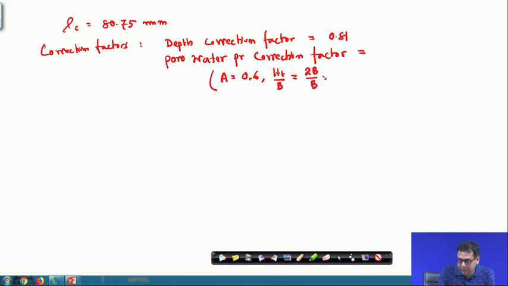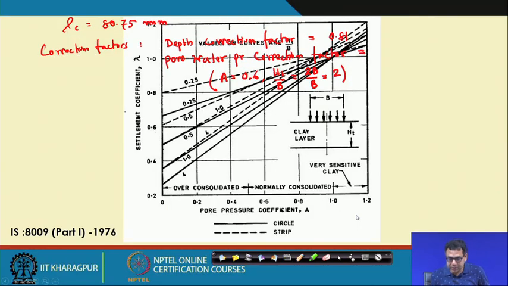So, it is 2. So, now if I go to the chart, this is the chart where this is the correction factor, and here for the circular footing I am using, because it is a square footing, because here strip or circular is given.